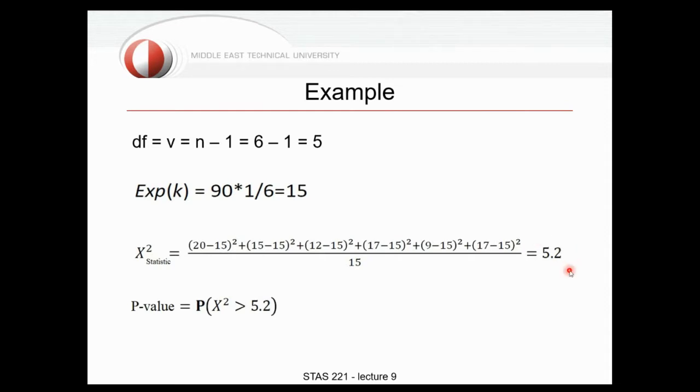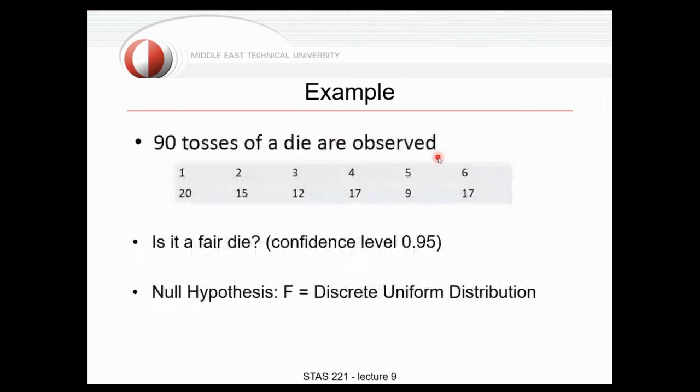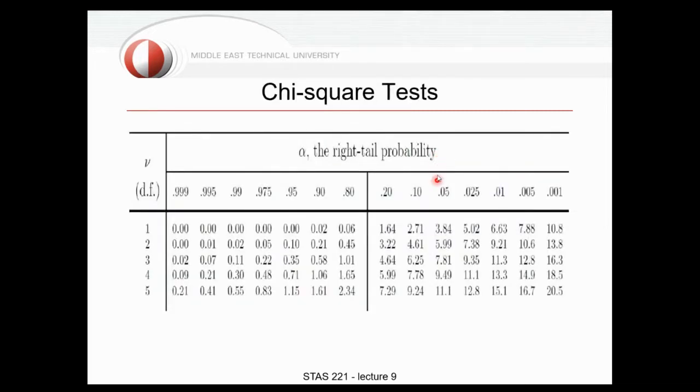As soon as you find it, it's easy to find the p-value. We have the degree of freedom, and we have the test statistic. Let's take a look at our table. So 5.2, where should I look in this table? First, fix the degree of freedom. It is 5. Inside this row, where is 5.2?